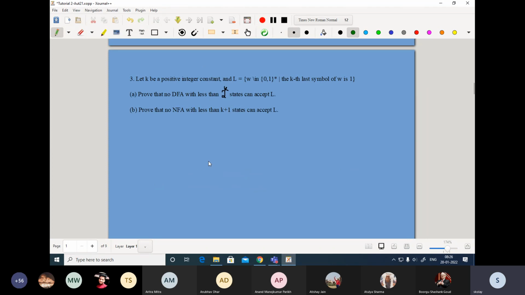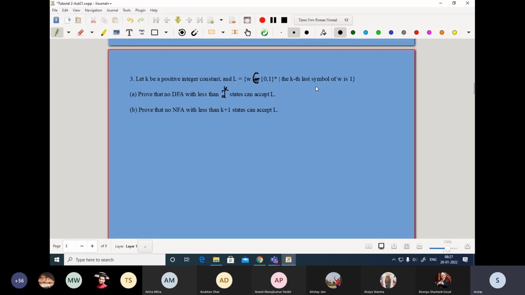Now I come to a generalization of the question I left you with last class. Let k be a positive integer constant. L is the language of W belonging to {0,1}* such that the kth last symbol of W is 1.